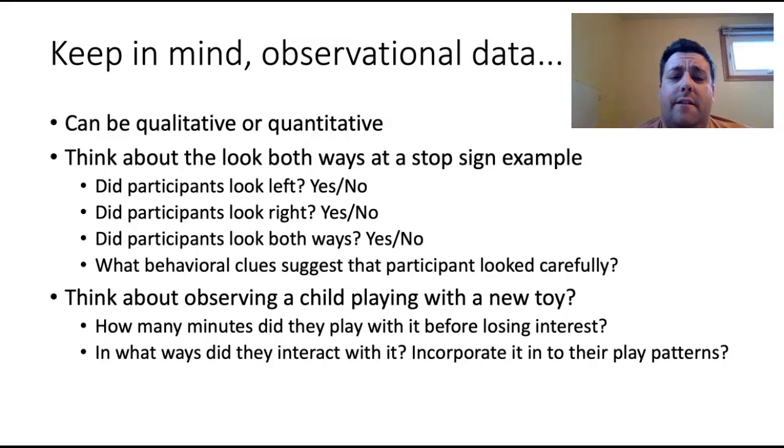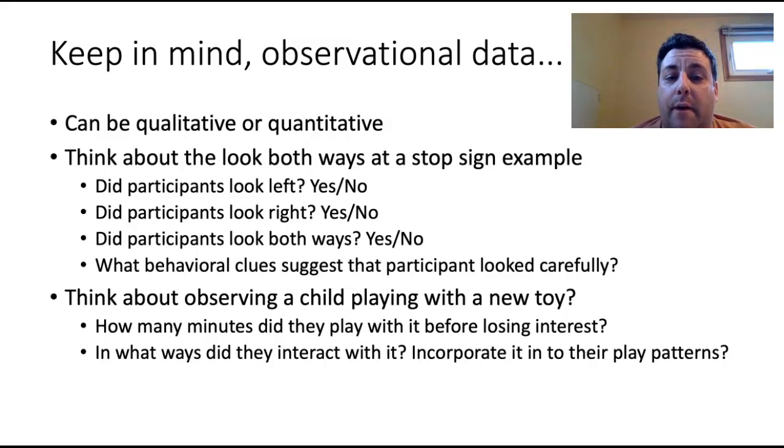Do we get the sense that the participant looked carefully or superficially in either or both directions? Obviously those first three questions are examples of close-ended quantitative questions. The fourth question is much more qualitative and open-ended, and all of them might be meaningful depending on the goals of the research question.